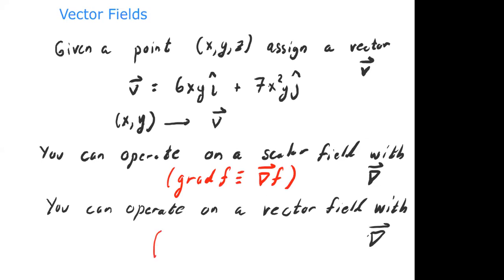Well, in this case, what you're doing is taking the dot product of del with a vector field v. And this thing has a name. It's called the divergence of that vector field. So this is something that you can write down and calculate in principle.